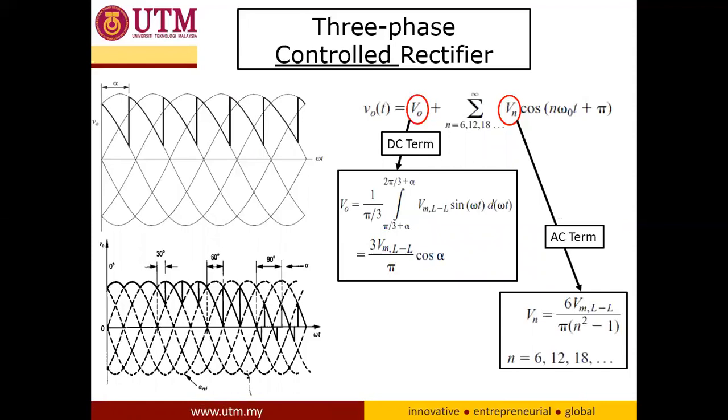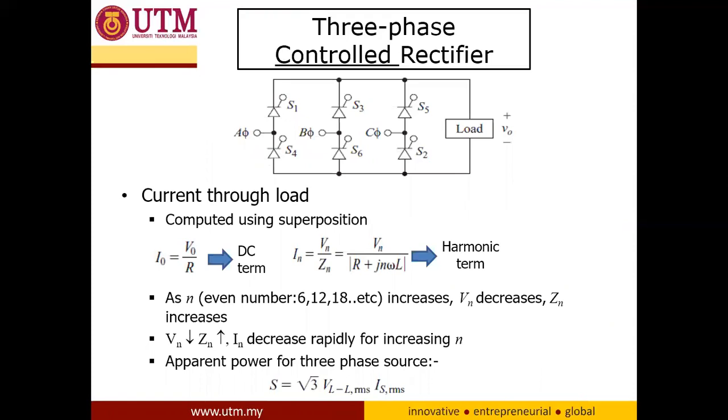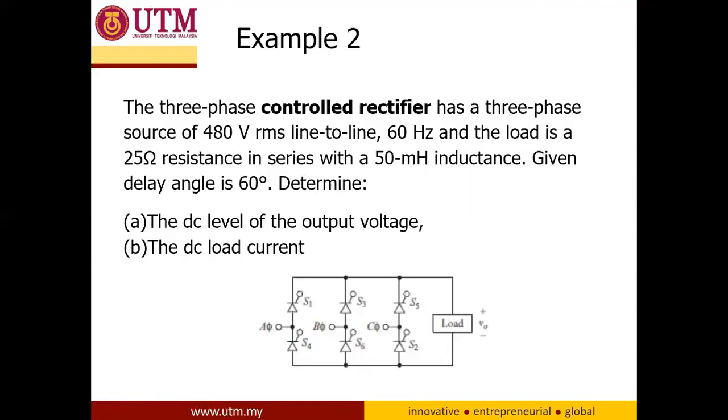And these are the equations that relate to the controlled rectifier. We have 3 multiplied by V max line to line over pi, multiplied by the cosine of the firing angle. Same as the three-phase uncontrolled rectifier, if your load is an inductive load, then depending on the value of the inductor, the output can become a DC current.